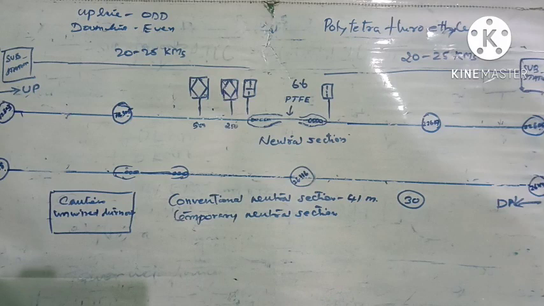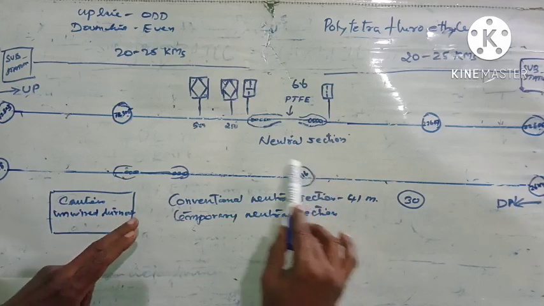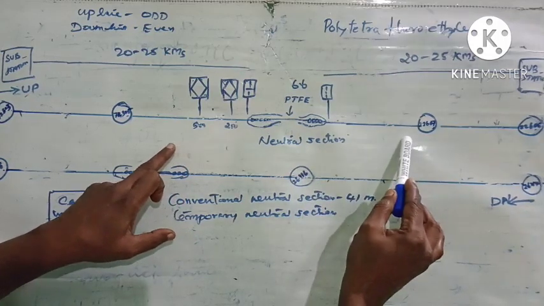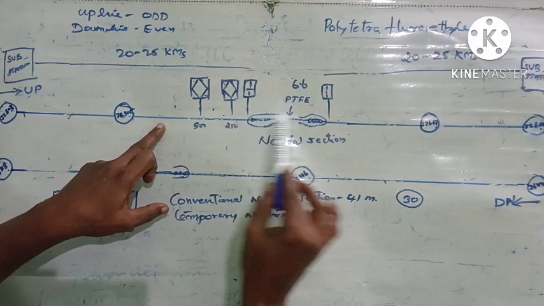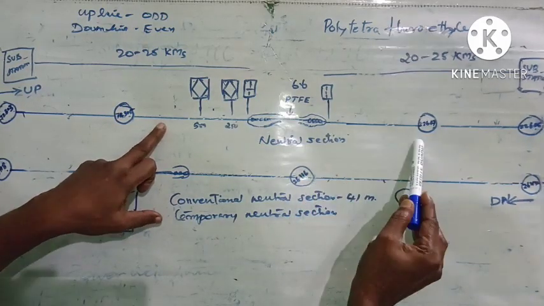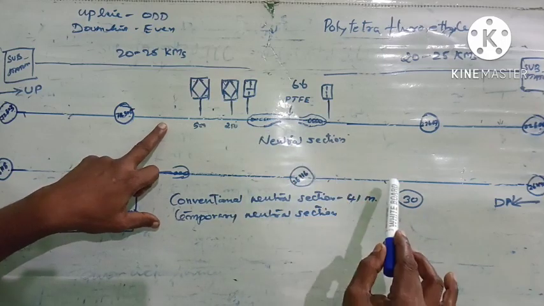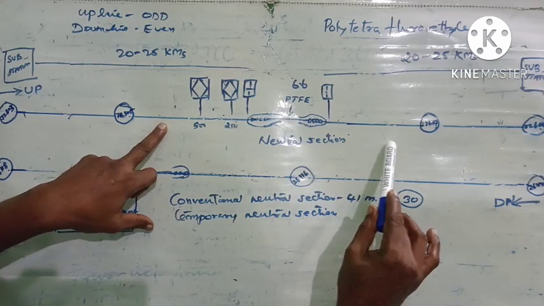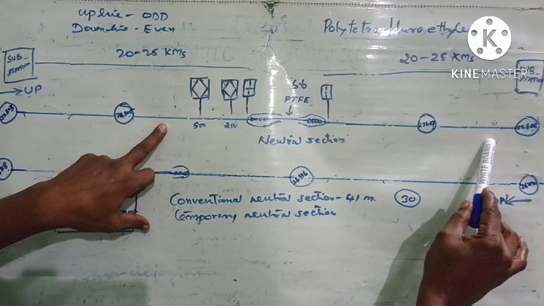So in order to avoid this, whenever there happens to be any work requiring speed restriction to less than 30 km/h within the 1 kilometer towards this side or 1 kilometer towards this side, that is from the neutral section 1 kilometer on either side, a temporary neutral section will be created away from this 1 kilometer.